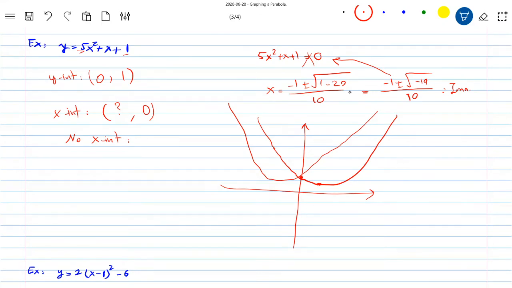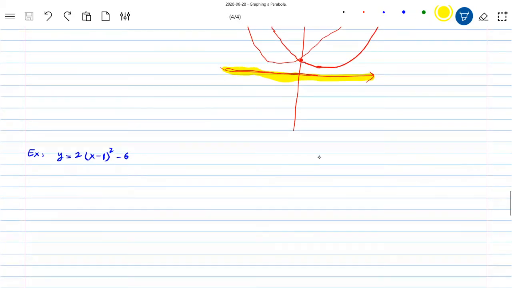The only thing that I know, it never crosses this x-axis. If it does, then you have an x-intercept, real value x-intercept. Okay. And you can guess that the graph is not downward. If it was downward, then you would have had this intercept as well. Okay. So not always possible to have x-intercept, but there is always y-intercept. You always cross this y-axis.